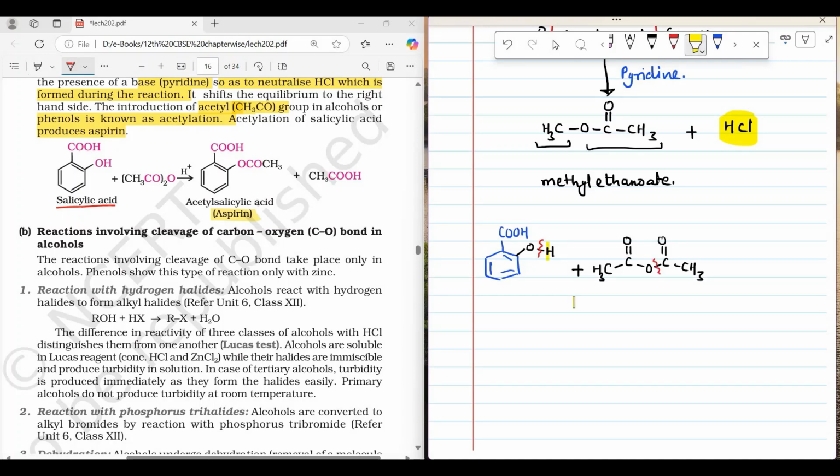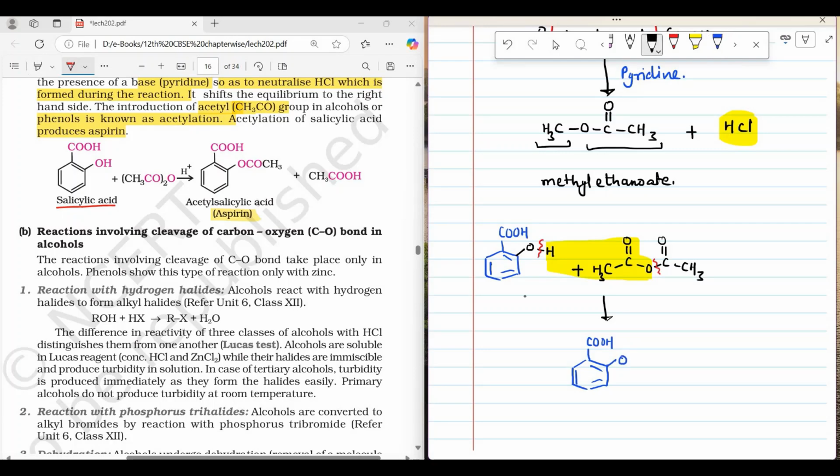So this hydrogen will get joined with the carboxylic oxygen, and you have to get the product by joining rest of the molecule. So here you will get, this is the aspirin, this is the salicylic acid part, where C double bond OH group is already there, and here oxygen is there.